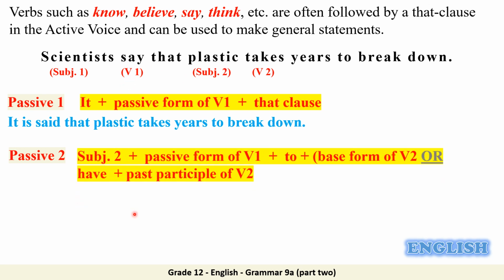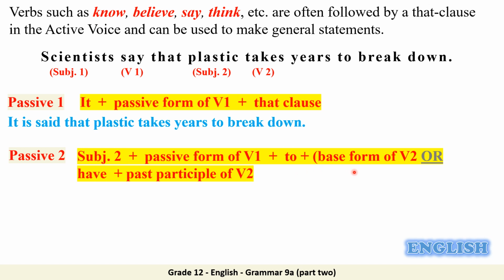That's it. Subject number 2, passive, referring to the introductory verb, of course. So we say plastic is said to, and then make a pause. Then wait for a while. Why? To check what we should use after to.